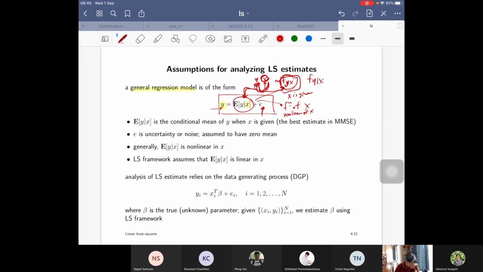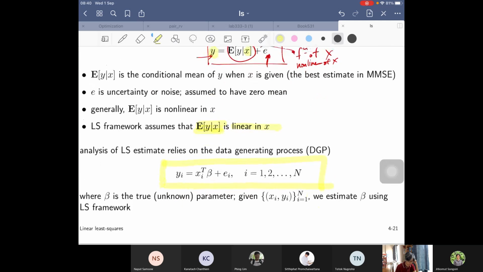So the least square framework is just a special case when you assume that the conditional mean of y given x is linear in x. In that case, in our subsequent analysis, we will have the assumption that your y is generated from this equation in the yellow box.